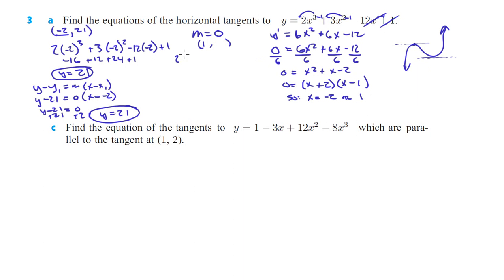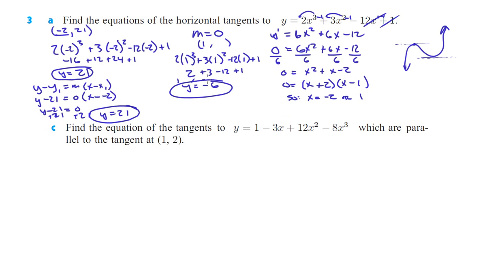So we have 2 times 1 cubed plus 3 times 1 squared minus 12 times 1 plus 1. So 1 cubed is 1 times 2 is 2. 3 times 1 squared is 3. -12 times 1 is -12 plus 1. So that's going to give us y equals -6.